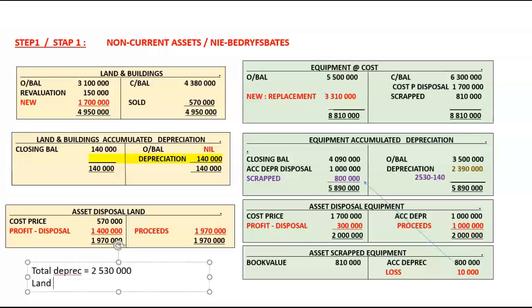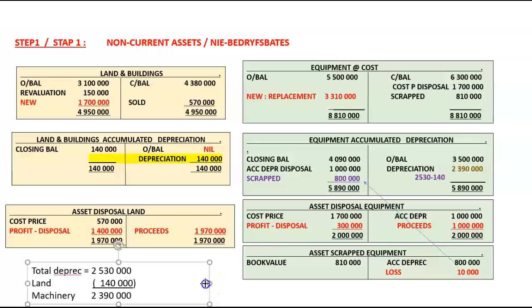Land was, as you can see there, 140,000. So it means I only have one other class of asset, and that is my machinery and equipment. So the rest must have been for machinery, which equals 2,390,000.